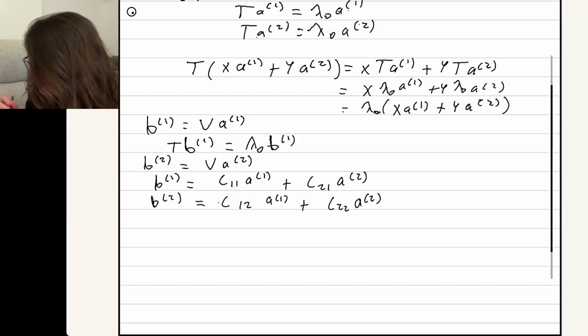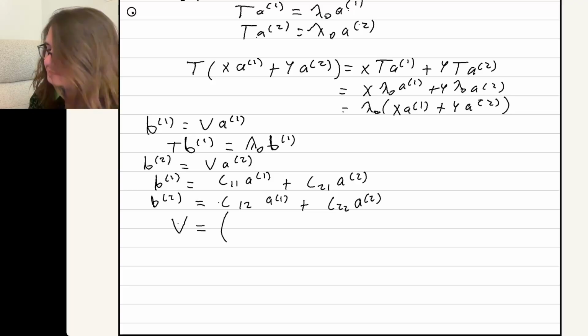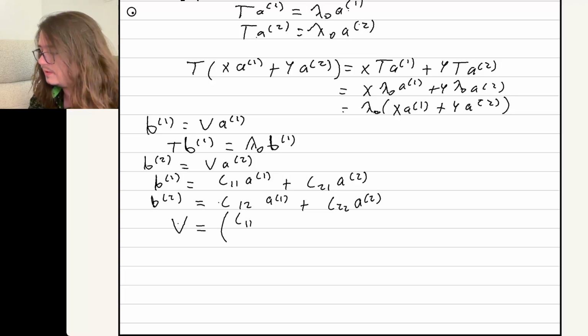And that gives you V in the basis of A1 and A2 as the matrix C11, C21 in one column, and C12, C22 in the other.